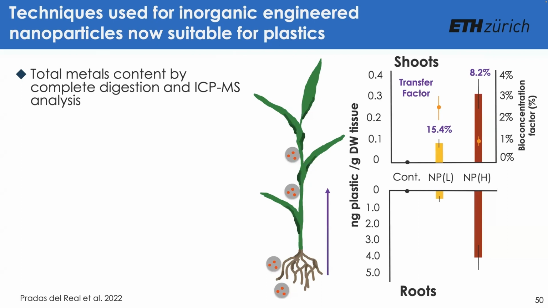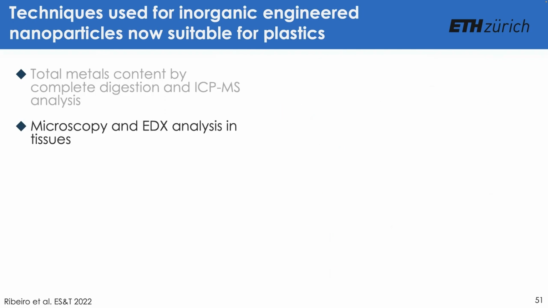After the exposure, we could digest either the roots or the shoots to see how much metal content there was in each of these different parts of the plants, and then see the uptake and transfer factor from roots to shoots in this plant. We can also use microscopy coupled with EDX, which is metals detection in microscopy, to search for these metal-doped nanoplastics in tissues.